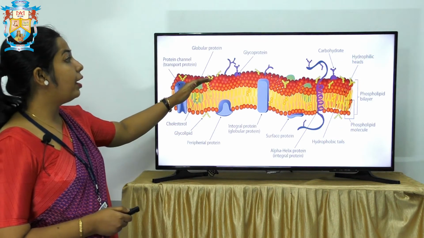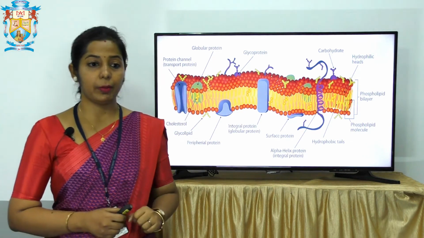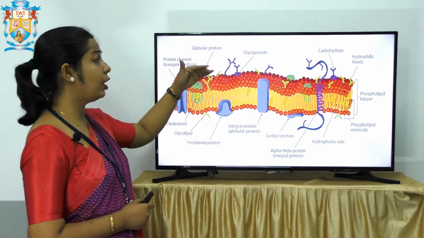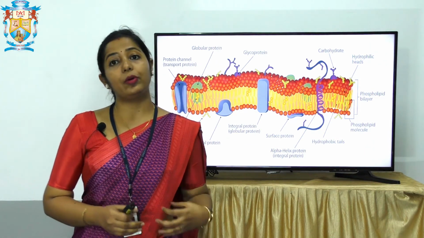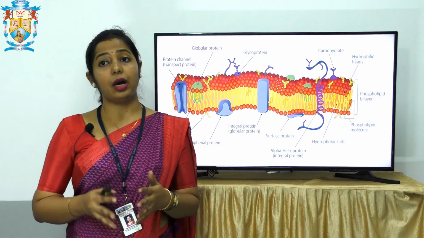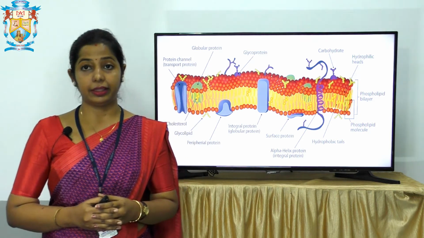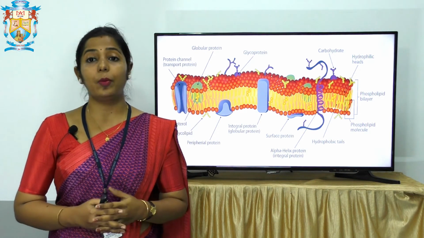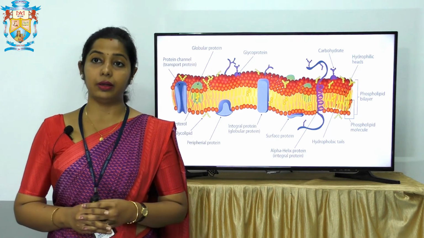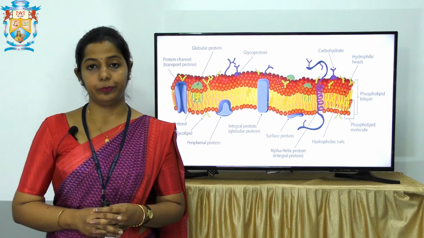As you can see, there are some carbohydrates present in the plasma membrane, always on the outer surface of the membrane. When the carbohydrate groups on the outer surface are attached to protein, they form glycoproteins. When the carbohydrate is attached to lipids, they are called glycolipids.